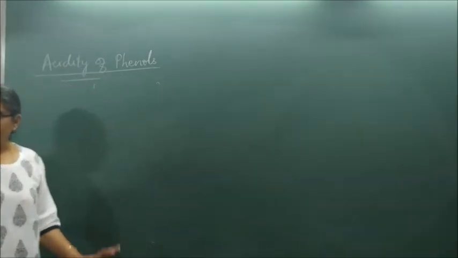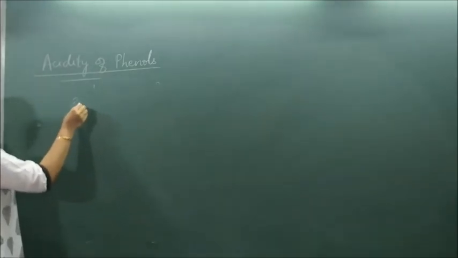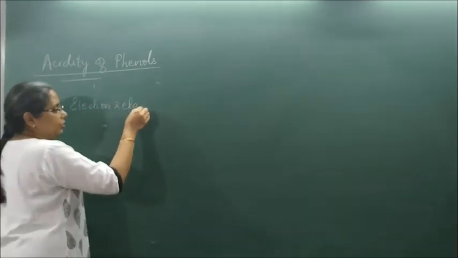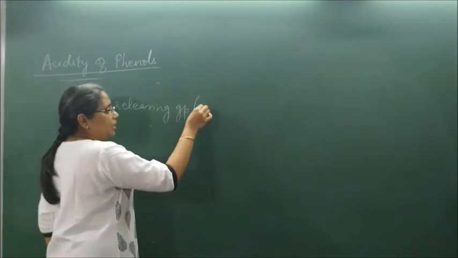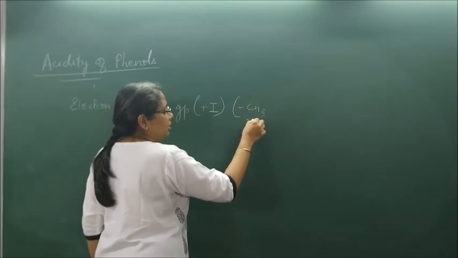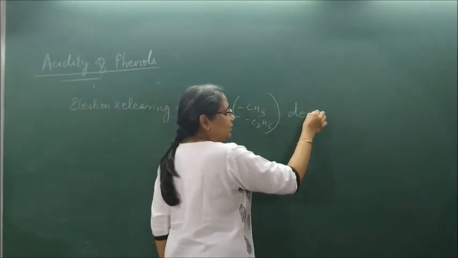We have studied one thing in aliphatic alcohols. We have studied that any electron releasing group, such as CH3 or C2H5, decreases the acidic strength.